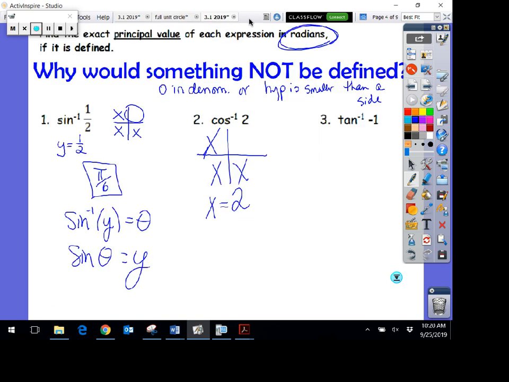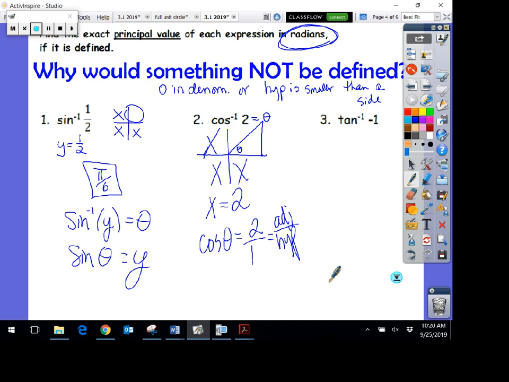What that means is we have to draw a triangle in quadrant 2. We have our theta right here, because this equals theta. So remember, cosine of theta equals 2 over 1. We're not on our unit circle, so that's adjacent over hypotenuse.